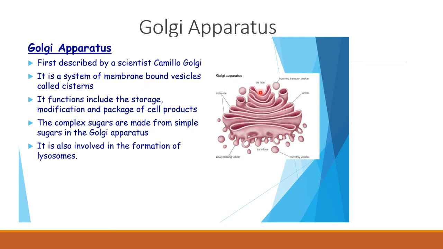As you can see here in the picture, this is the Golgi apparatus, which has these flattened sac-like structures. These flattened sac-like structures are called cisternae, which are in the form of piles. Then it has vacuoles, which are storage sac-like structures.